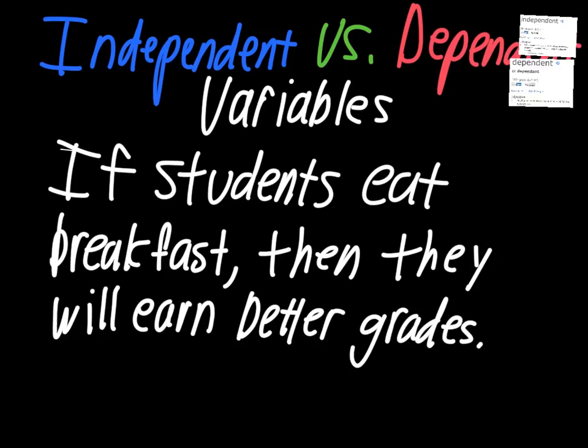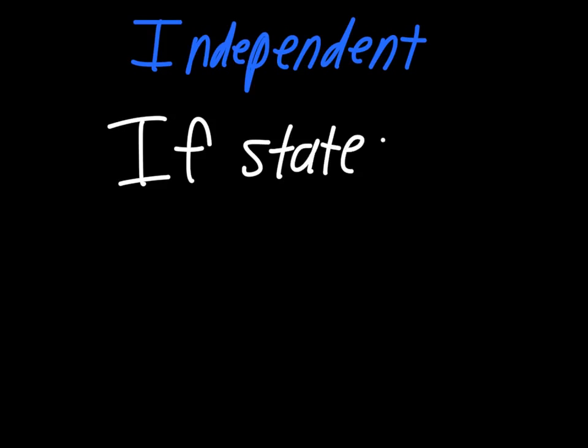The next thing to look at is just a way of simply breaking this down to analyze it out of a hypothesis. The independent variables typically make up the if statement when it comes to writing a hypothesis.